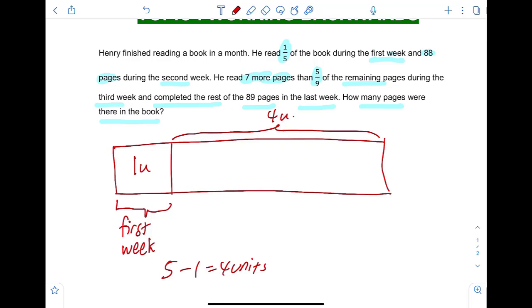So he read 88 pages during the second week. In the second week, they have been very specific. 88 pages will be there, and this will be for the second week.